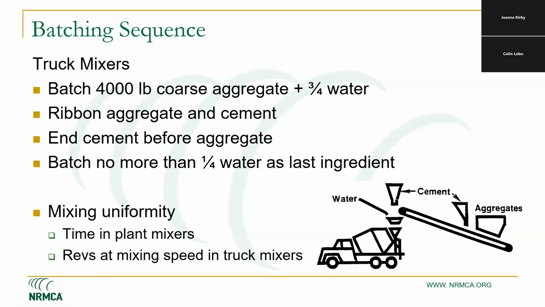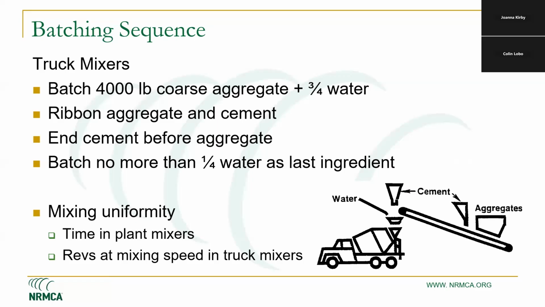Another important factor related to the quality of produced concrete, especially when batching into truck mixers, is to have a proper batching sequence so that concrete can be uniformly mixed within about 100 revolutions at mixing speed. This is a recommended batching sequence to ensure that you don't get cement balls in the mixed concrete. Make sure that you don't add any fine materials as the first material introduced into a mixer, because that will not break up from the head of the drum.